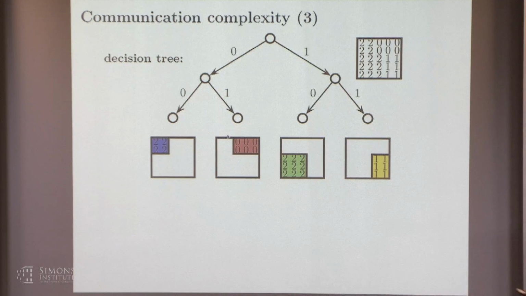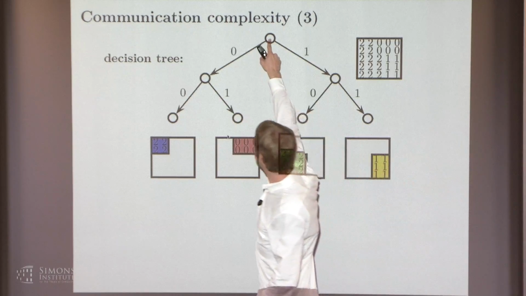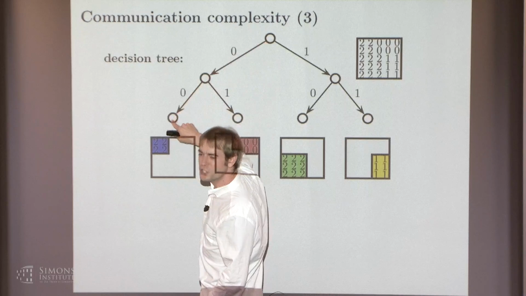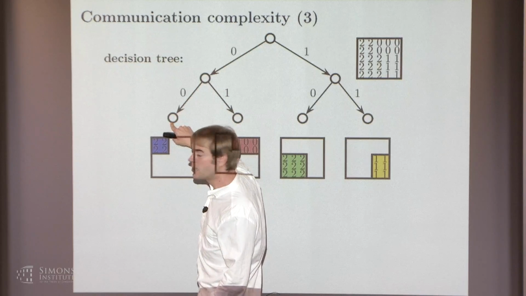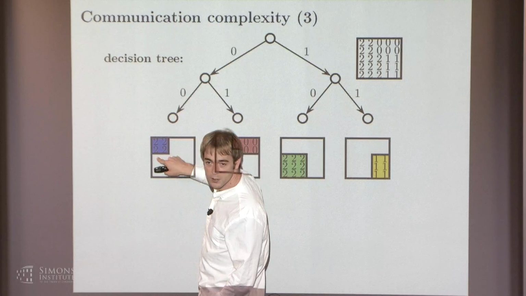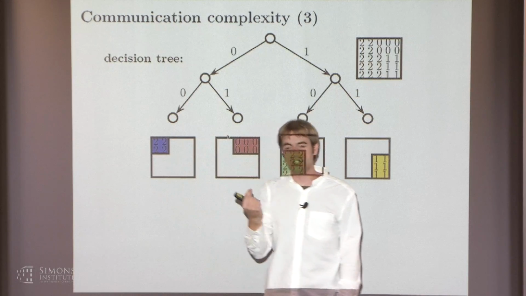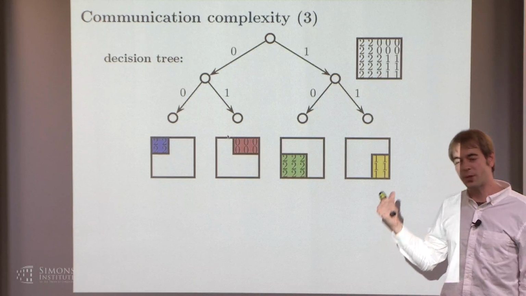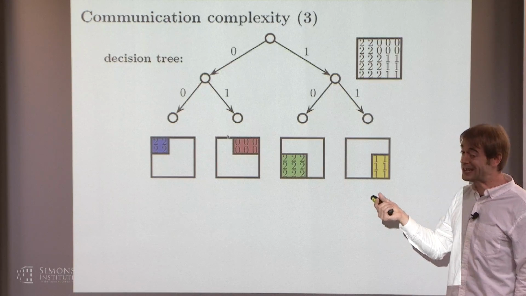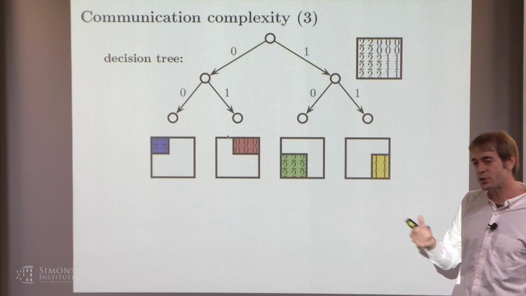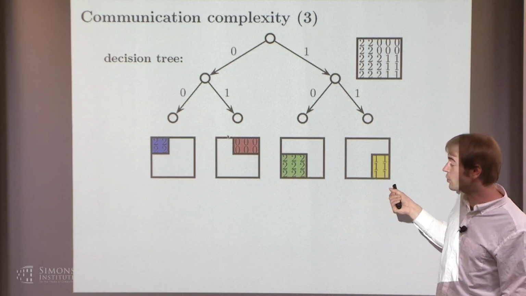Now what happens if the protocol goes down this way, so they exchange 0, 0, and then they're sure that they know what's in the matrix. Maybe they're sure that the matrix entry is 2. Then Alice doesn't actually know precisely the input of Bob. She just knows enough to be sure that there's a 2. Bob doesn't actually know what input Alice has. He is just sure enough that the matrix entry should be 2.